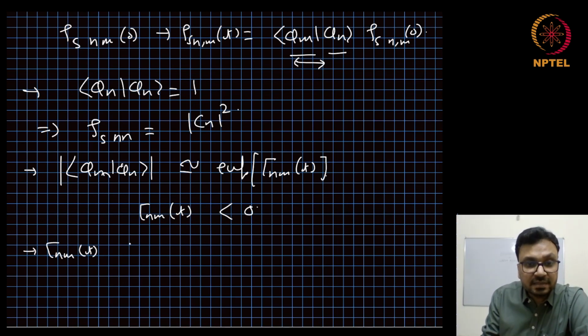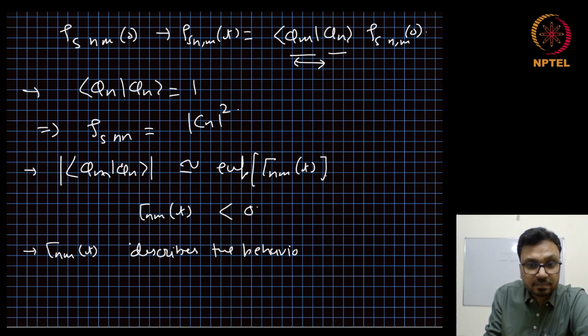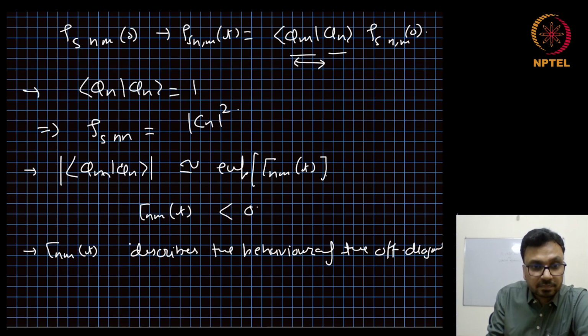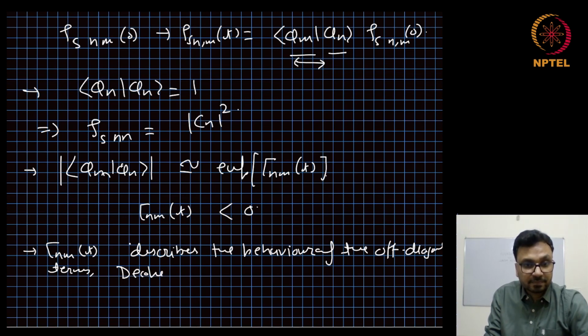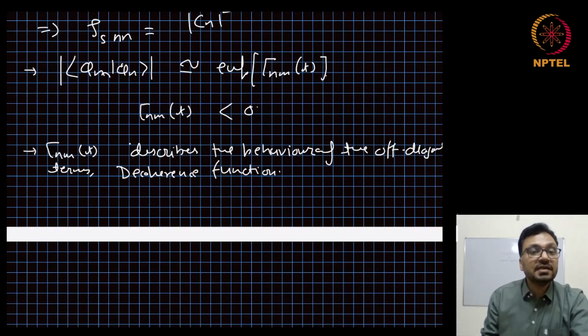Γ_nm(t) describes the behavior of the off-diagonal terms and is termed the decoherence function. This is what determines the behavior of the off-diagonal terms, and it is called the decoherence function.